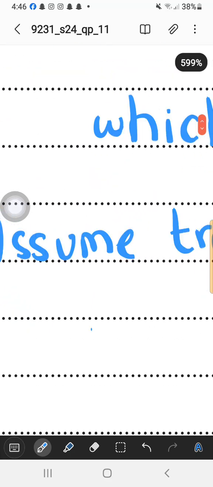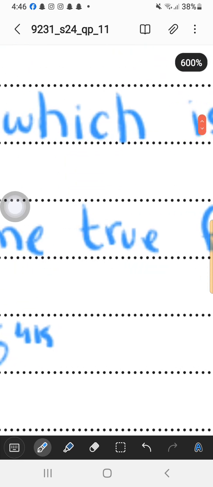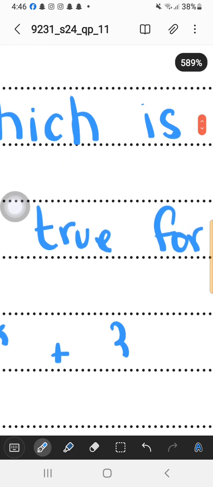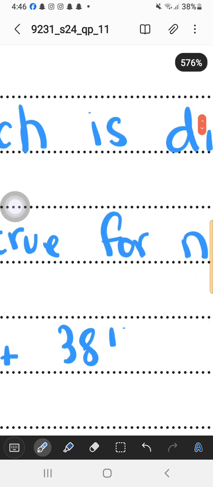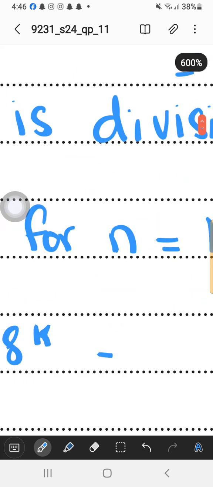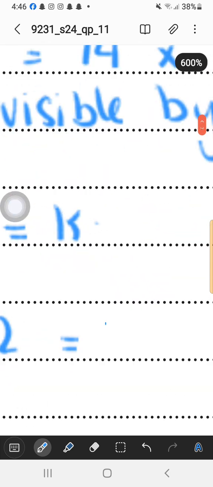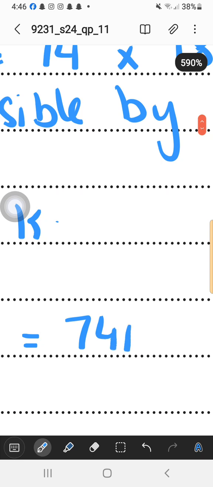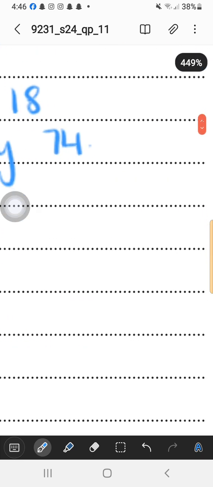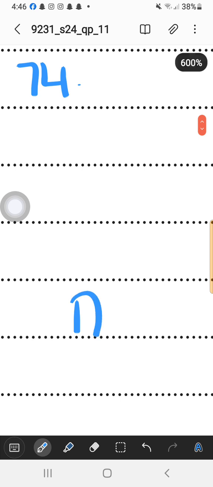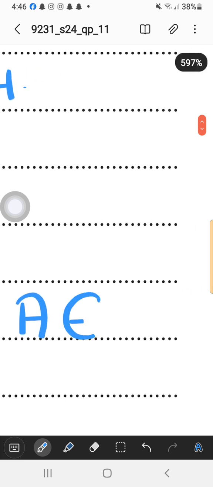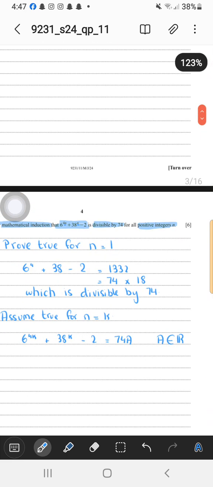This is 6^(4k) + 38^k - 2 equal to 74a, and here we will write that a belongs to the real numbers.